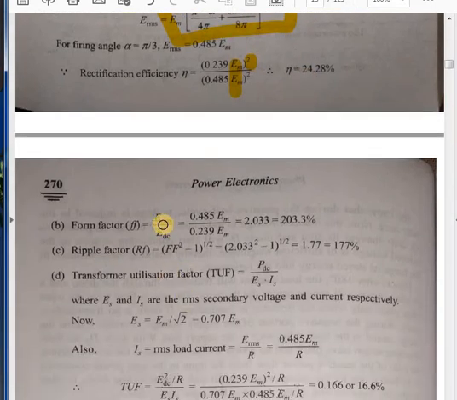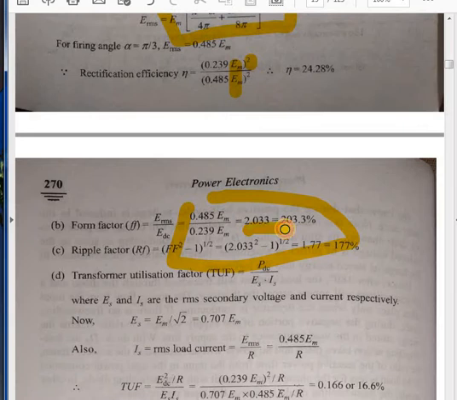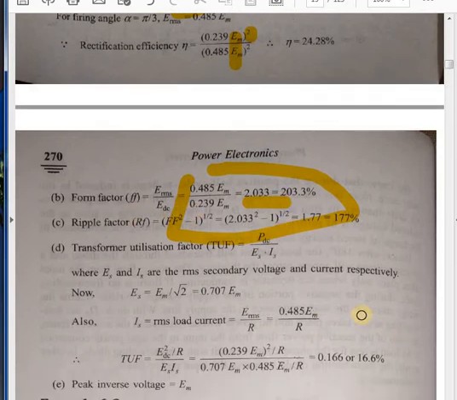Now the form factor is ERMS by EDC. If you calculate it, it will be 2.003, and the ripple factor, which is the square root of form factor squared minus 1, will be 1.77. Now the transformer utilization factor will be DC power by source voltage into source current.